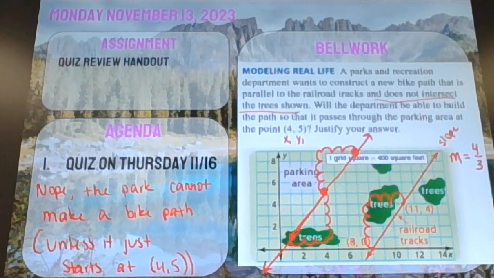All right, guys. So your assignment Thursday was online. Hope you got that done. You're scheduled to have a quiz on Thursday this week, and this parallel perpendicular bit was the last thing to cover. So I have a handout for you.